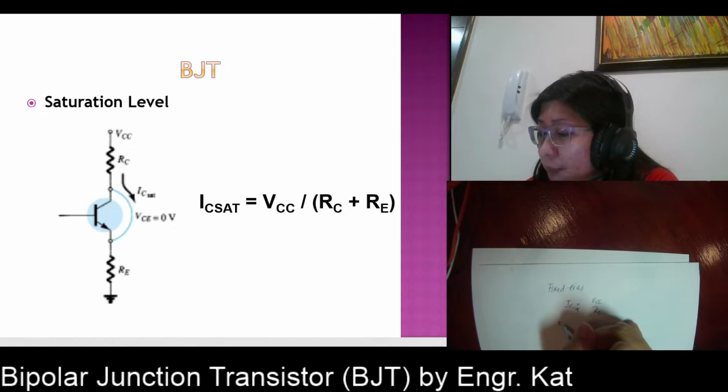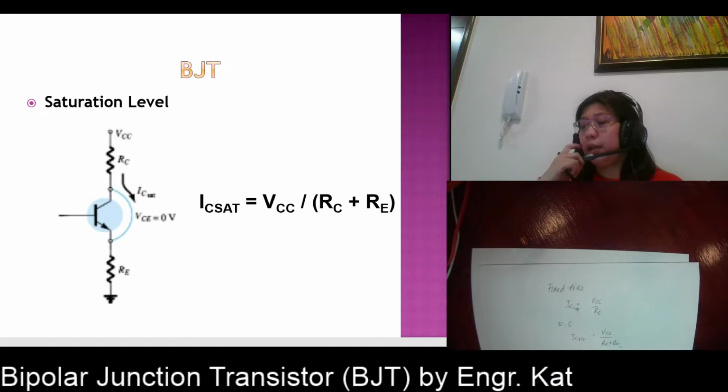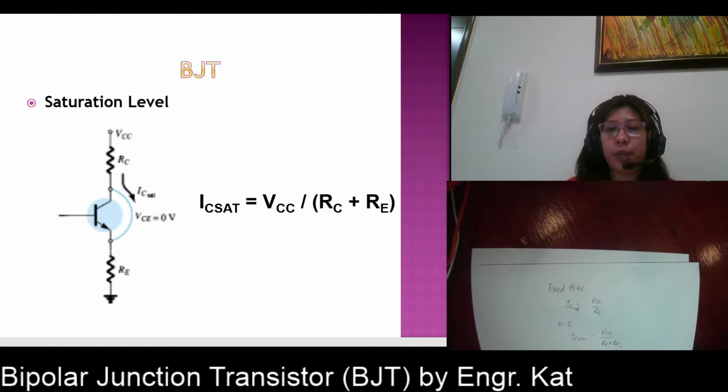For emitter stabilized, IC sat is VCC all over RC plus RE. So just the additional RE. So what do we expect? We expect a lower saturation current for emitter stabilized compared with fixed bias configuration.